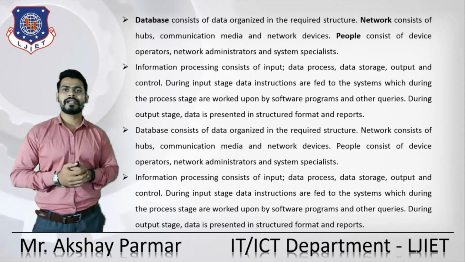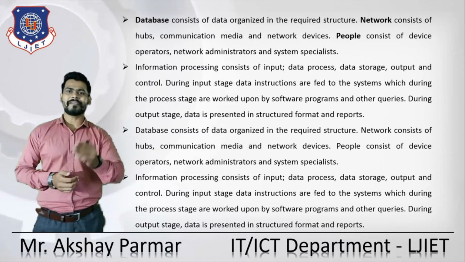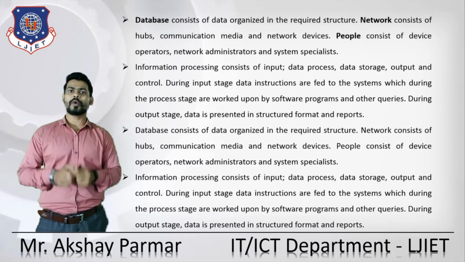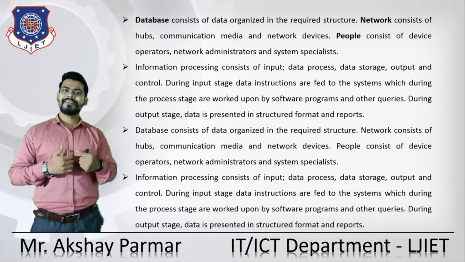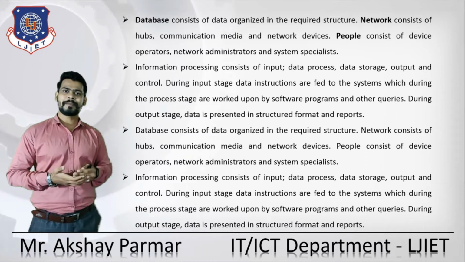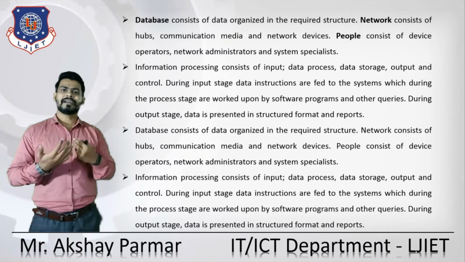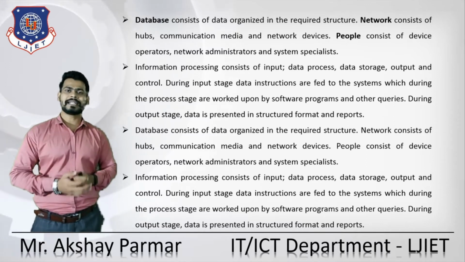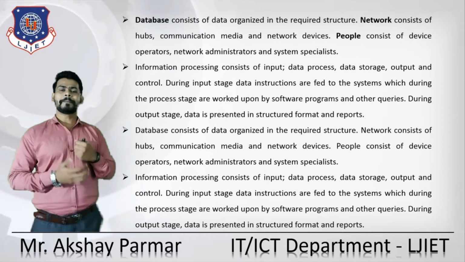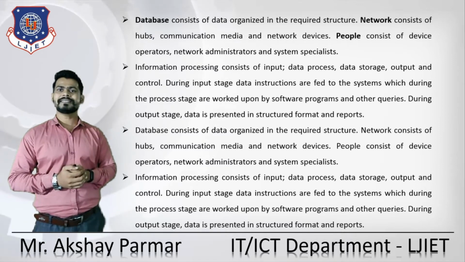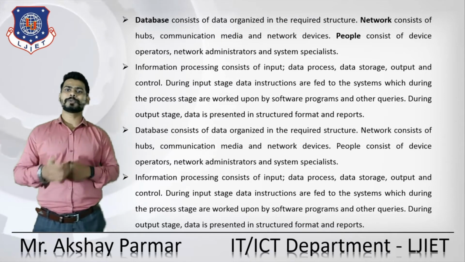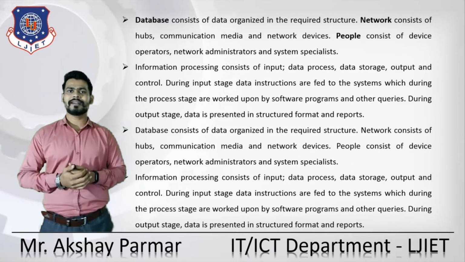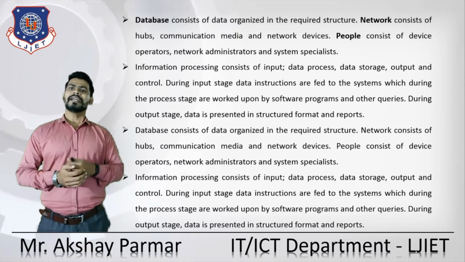Remember that term. The network consists of hubs, communication media, network devices, routers, switches and all those things. And at the end, people consist of device operators, network administrators, system specialists, and all fall under the category of people.